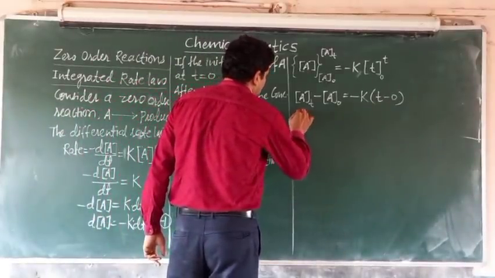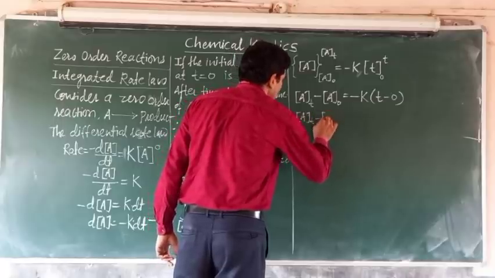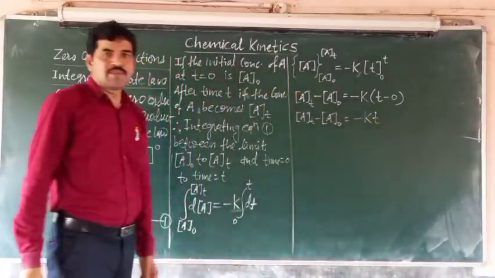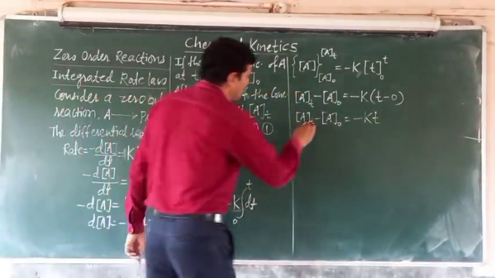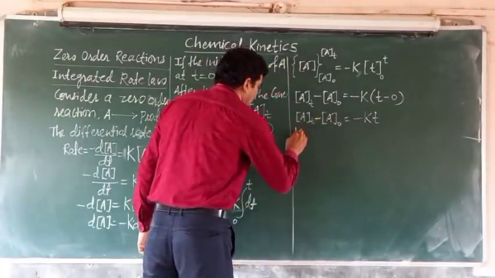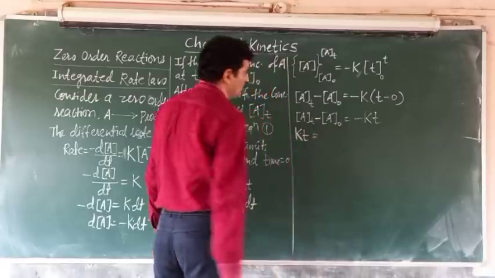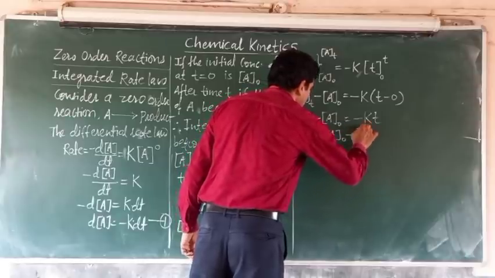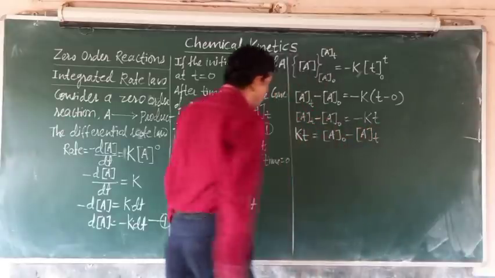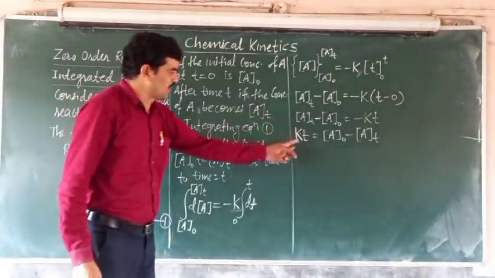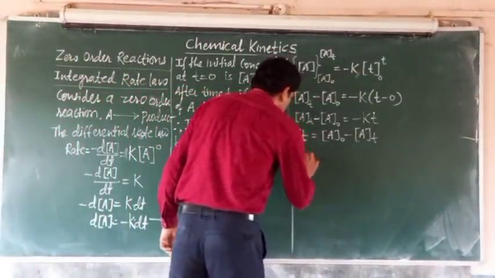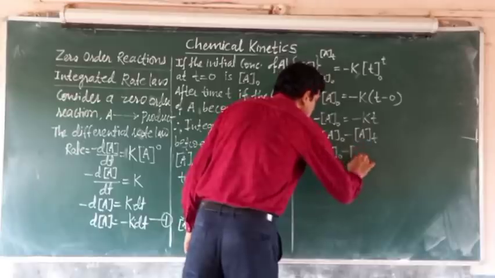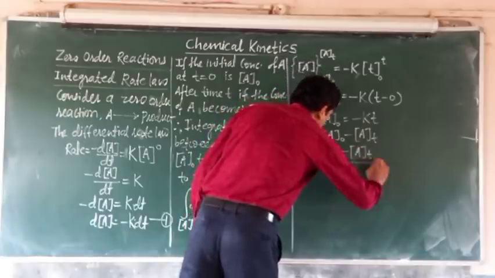Therefore we get At minus A0 equal to minus kt, or kt equal to A0 minus At, or k equal to A0 minus At by t.